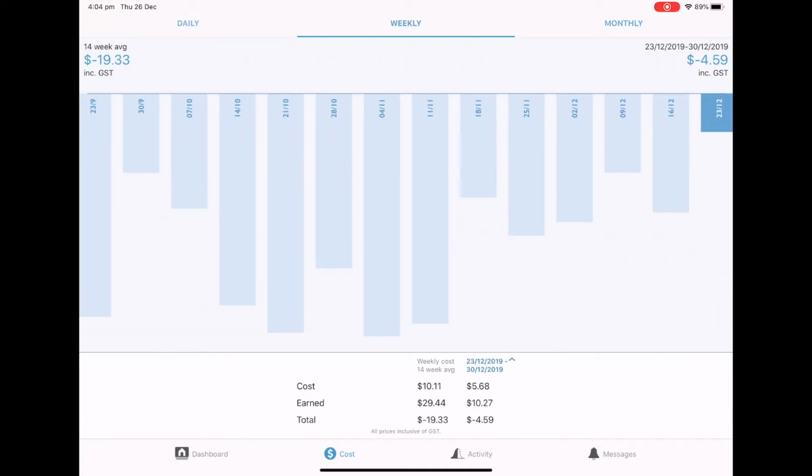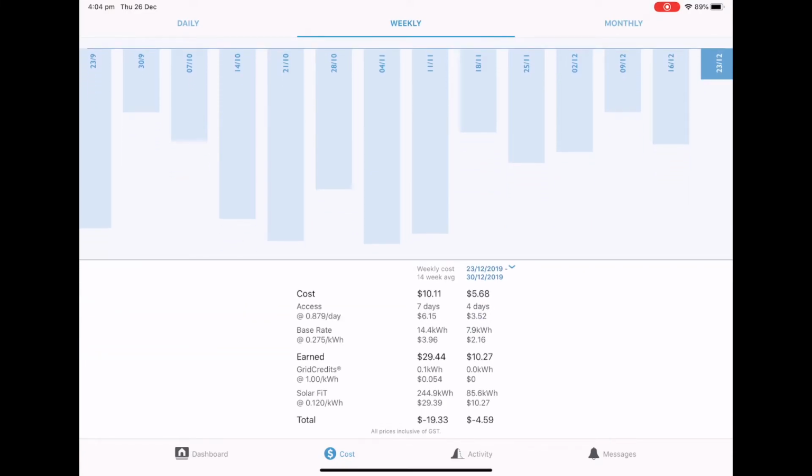Now that's your weekly graph, so that's if you really want to go into it. Again, you can open up that menu down the bottom, which shows some more details over a weekly thing. So that weekly cost, 14-week average, and then obviously the week we're in at the moment.